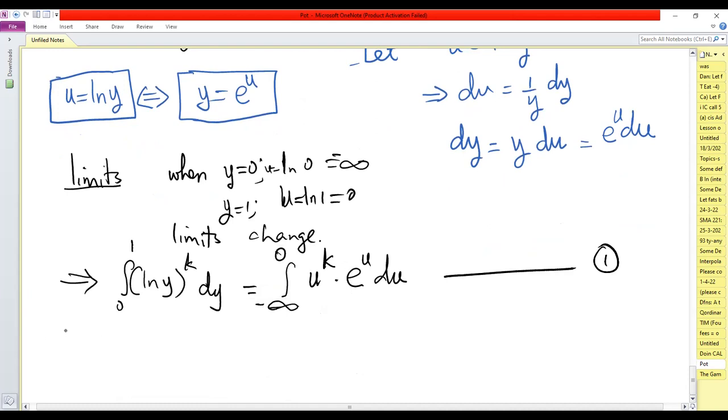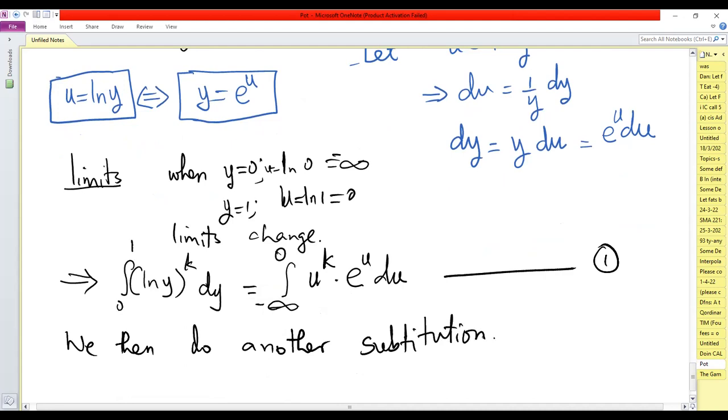So we do another substitution, because this first substitution has given us an integral that doesn't conform to the structure of the gamma function.